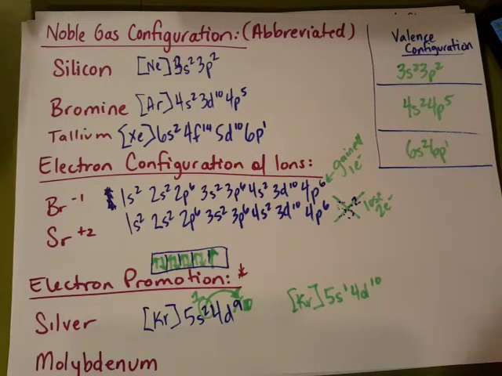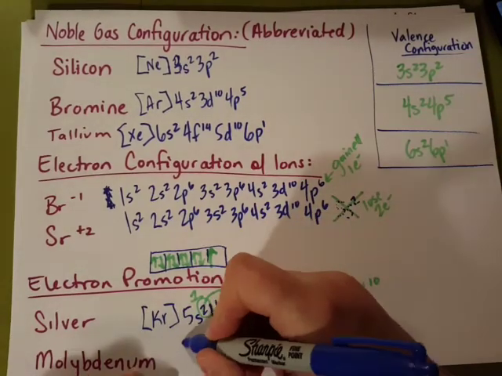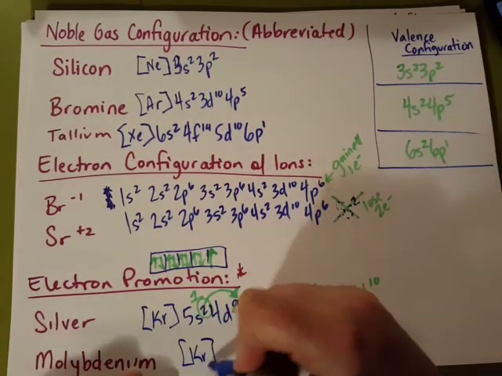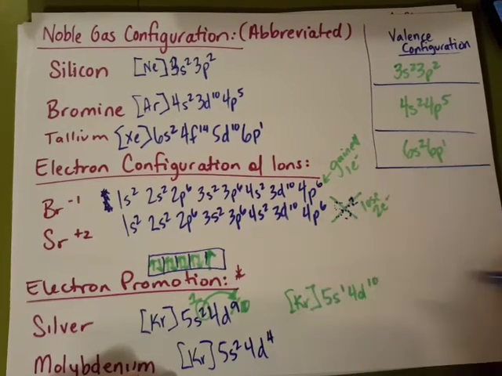The other one I wanted to look at was number 42. Again, if we just use the noble gas configuration for it, 5s2, 4d4.